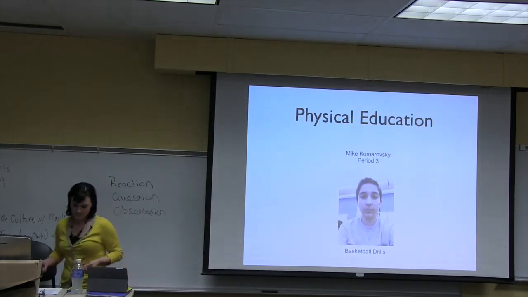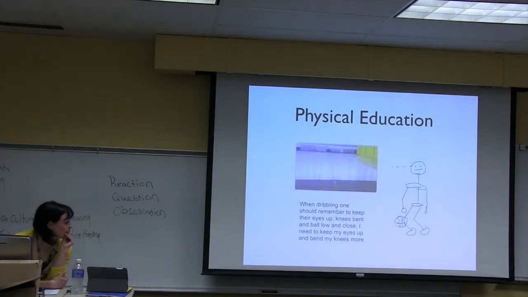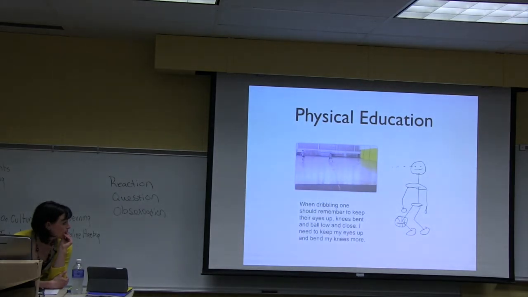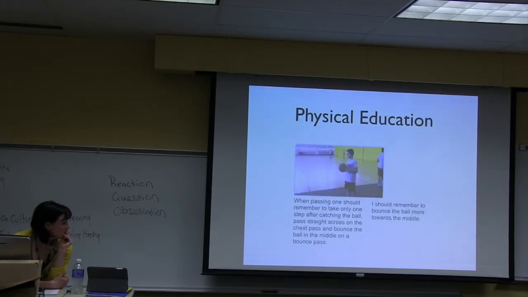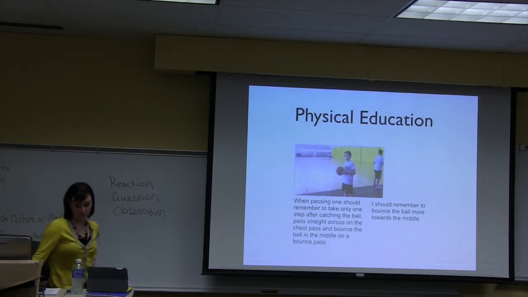Hi, I'm Mike Konorowski, and this is my basketball drill presentation. When dribbling, one should remember to keep their eyes up, knees bent, and ball low and close. I need to keep my eyes up and bend my knees more, as shown in this diagram. When passing, one should remember to take only one step after catching the ball.